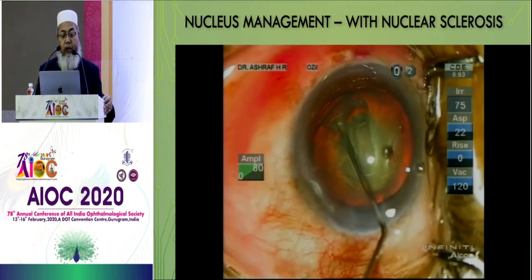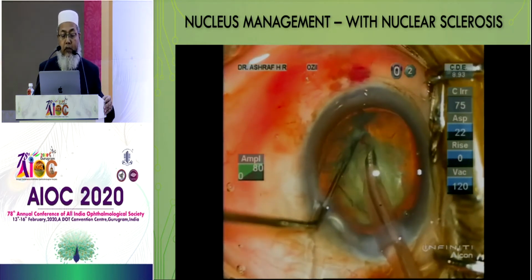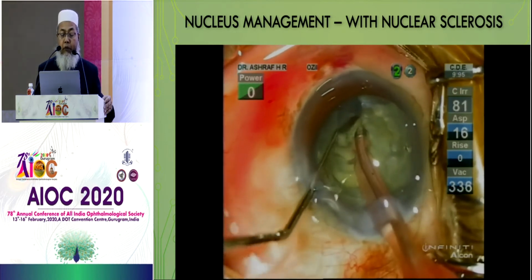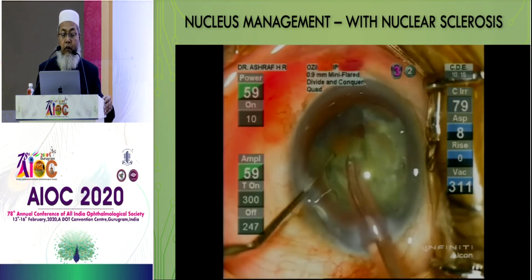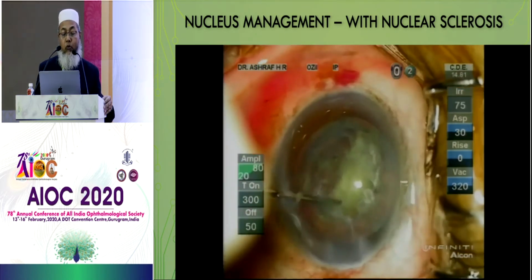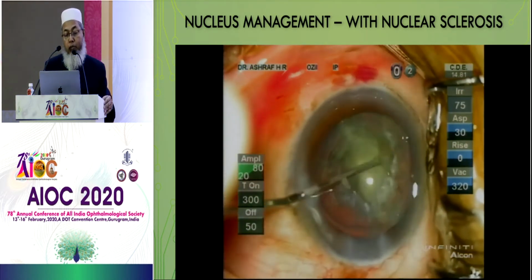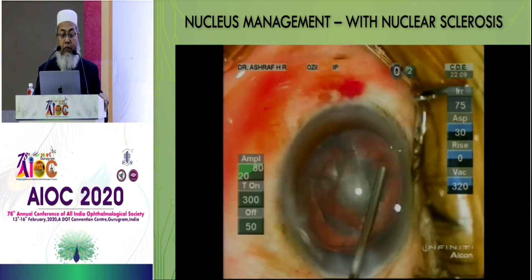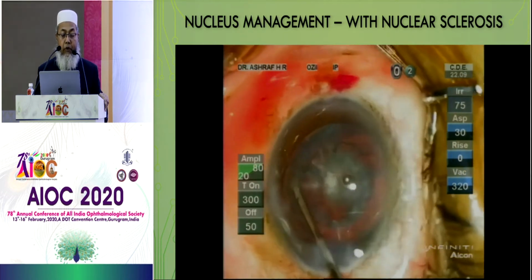In case of nuclear sclerosis, central sculpt is done, and a small peripheral segment is removed first, and then viscoelastic is injected to float the rest of the nucleus, and carefully the rest of the central part of the nucleus is engaged in phaco and removed.